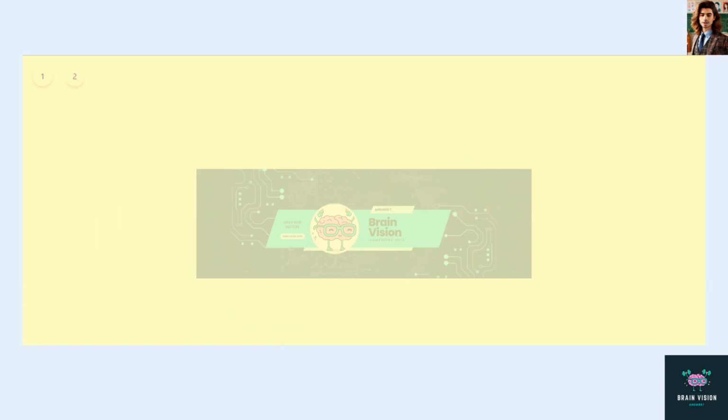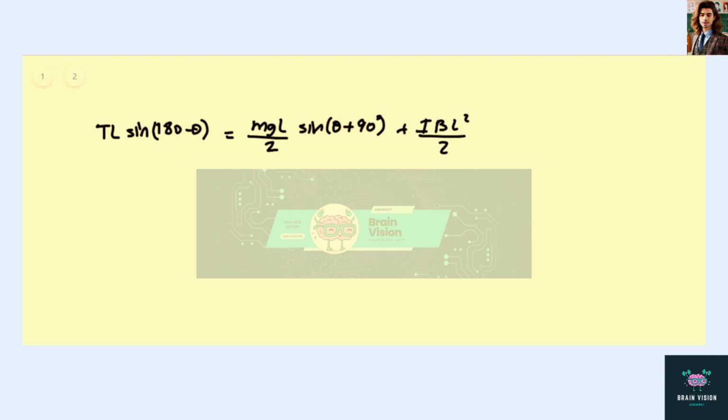Now when we do that, T times L times sine of 180 minus theta is going to be equal to mgL over 2 times sine of theta plus 90 degrees, plus IBL squared over 2.